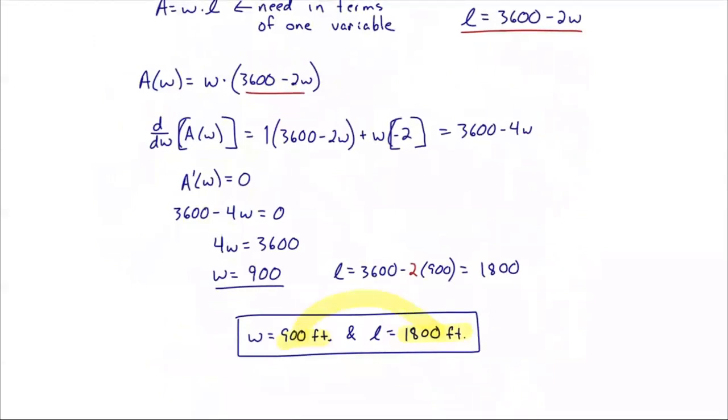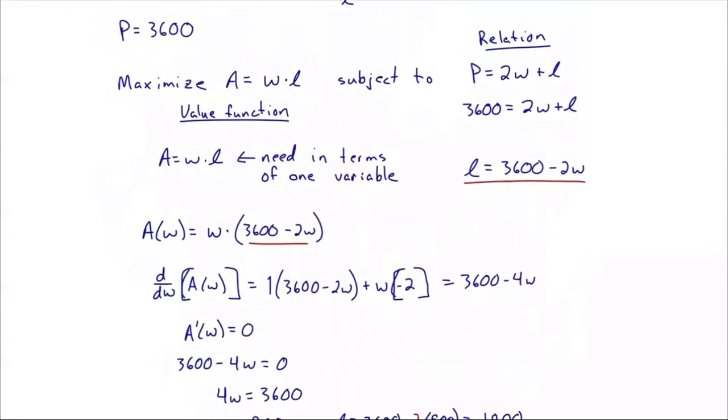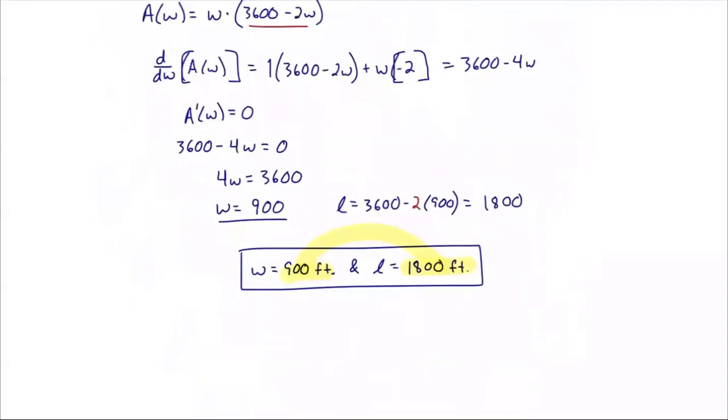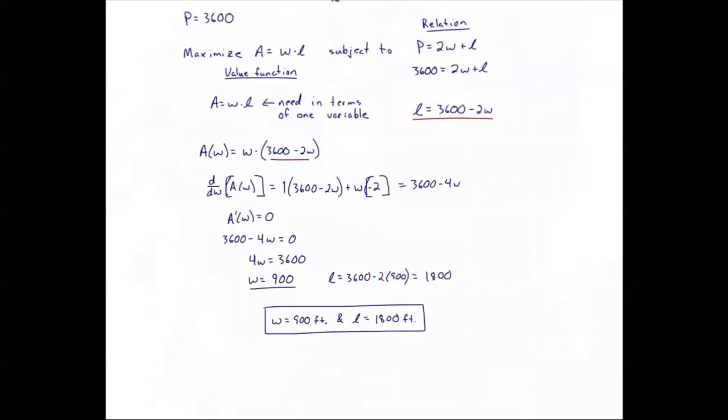Well, that's just a matter of multiplying those two numbers together, or whatever your function might be, plugging those two values back into it to determine what your maximum is. So the maximum area is the maximum value you get. The maximal values are the dimensions you use to obtain that maximum area. So there we are. It might be interesting to note, you can compare this to a couple other pairings of values here.